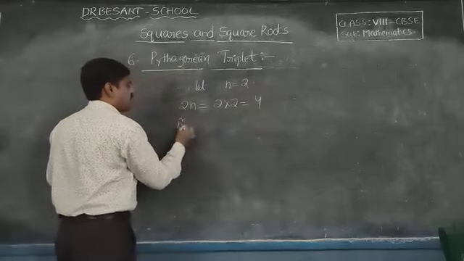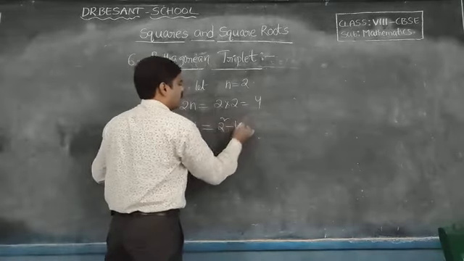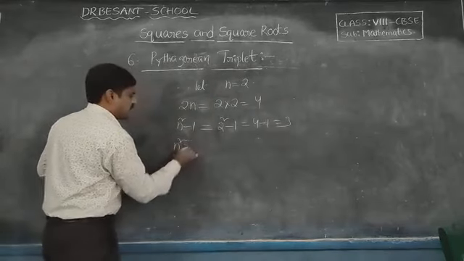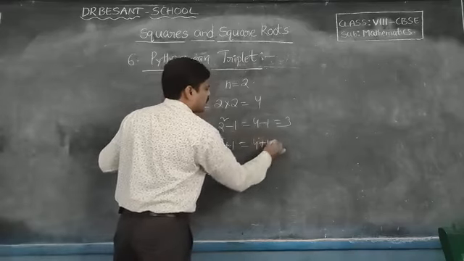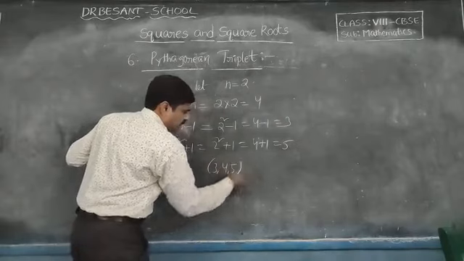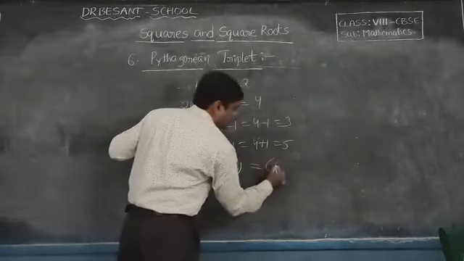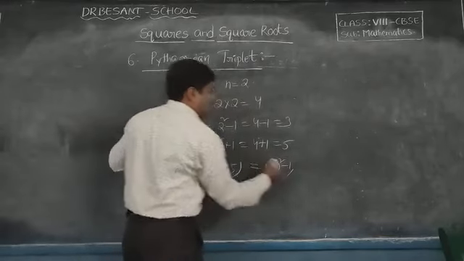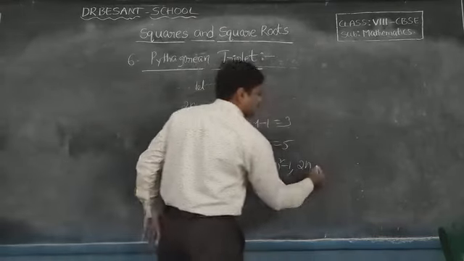What about n square minus 1? So 2 square minus 1, 4 minus 1, that is equal to 3. What about n square plus 1? So 2 square plus 1, that is equal to 4 plus 1, that is equal to 5. So 3, 4, 5. It is a Pythagorean triplet, no? So what about 3? n square minus 1. What about 4? 2n. What about 5? n square plus 1.